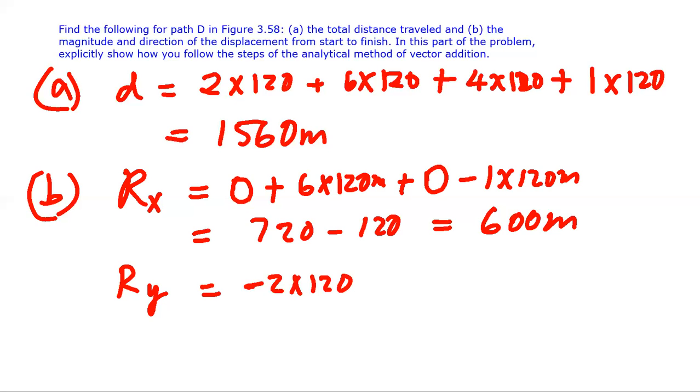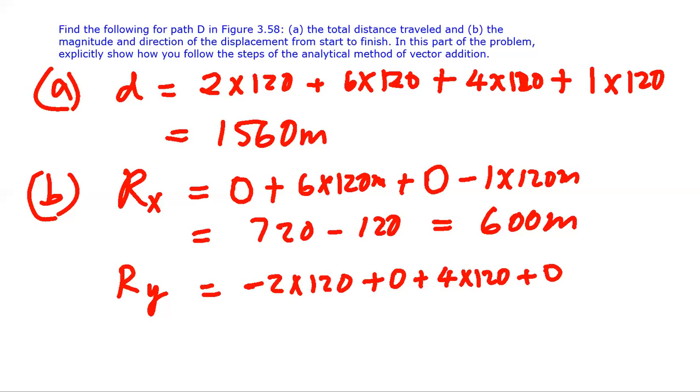And then the next displacement is along x, which means there's no y displacement. After that, we have a displacement of 4 blocks in the positive direction, so 4 times 120. Then we have x, which means no y.